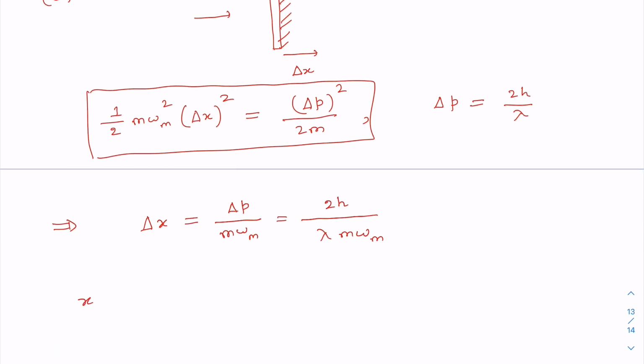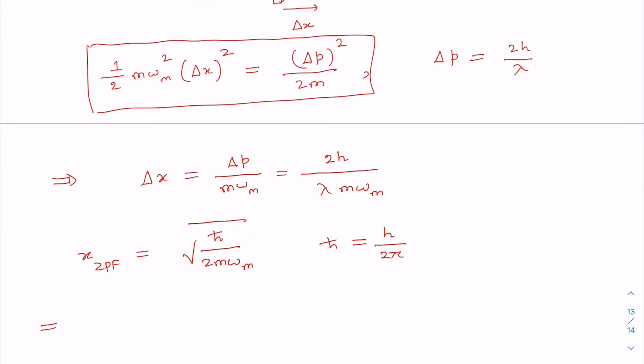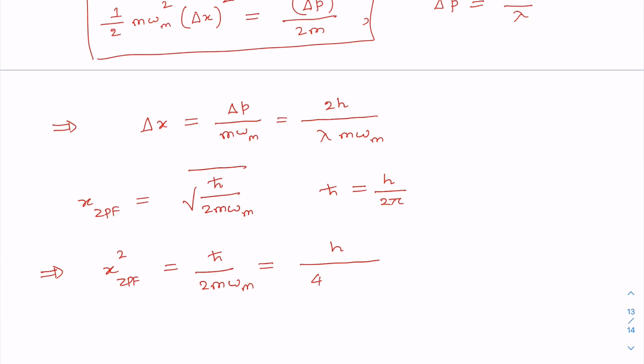Also we know that the zero point fluctuation is given by h cross divided by twice m omega m, where h cross is the reduced Planck constant, it is h by 2 pi, and from this expression the square of this zero point fluctuation term would be equal to h cross by twice m omega m, or I can write it as h divided by 4 pi m omega m.